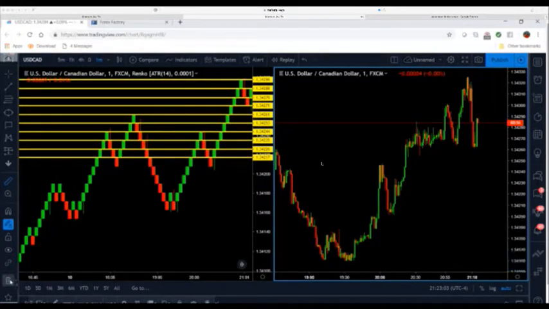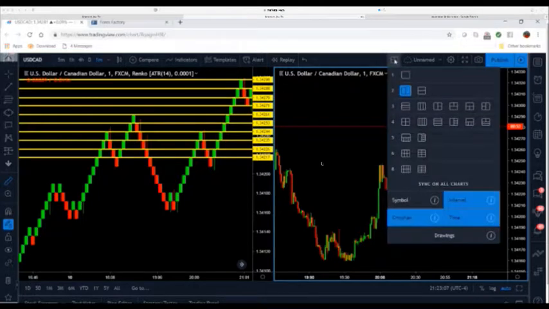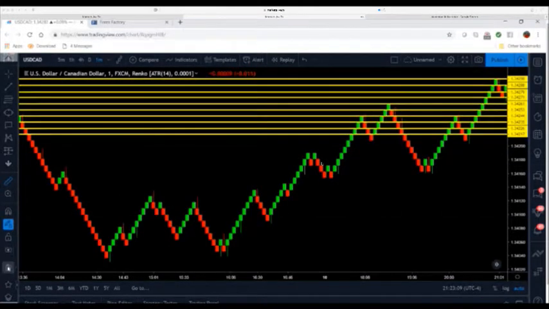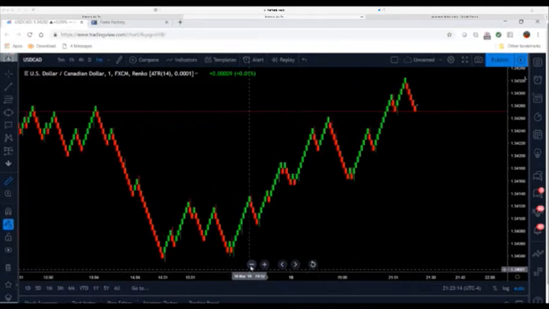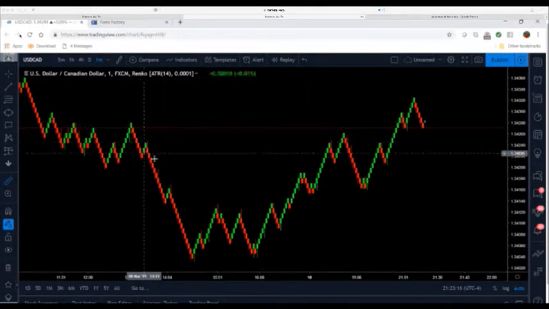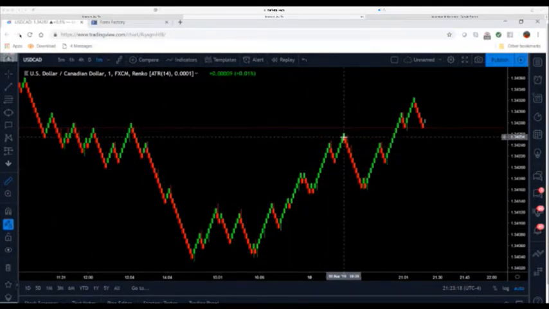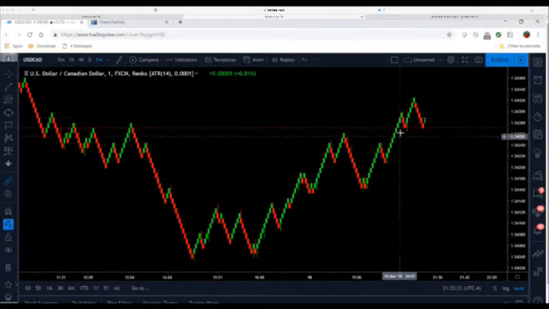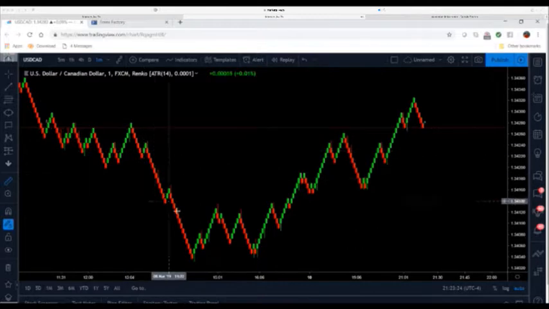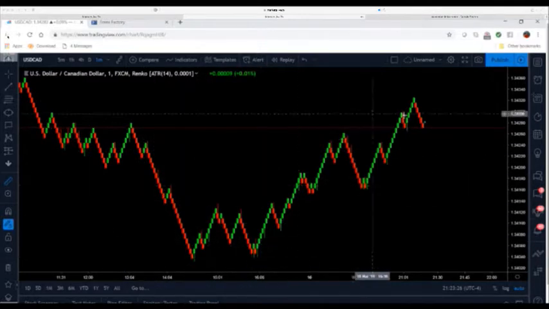Now, what you guys should also notice. Let's take this off. Go back to 1. What you guys should also notice with Renkos is not every Renko has wicks. Do you see that? Not every Renko has wicks. That's another thing. Why is that, Steve?